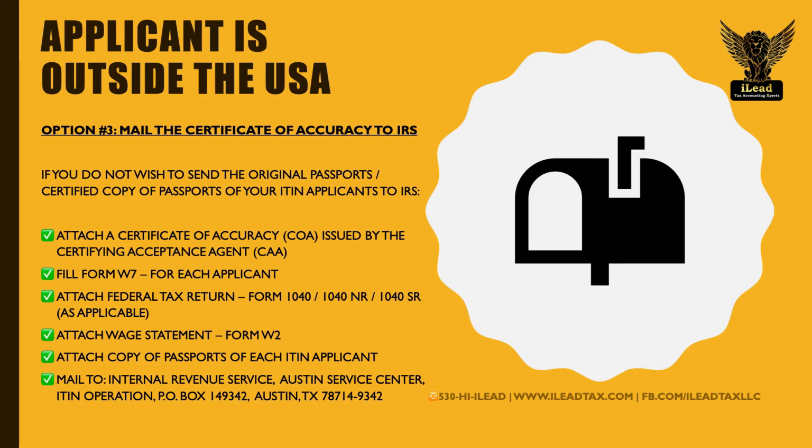That certificate is called certificate of accuracy, and only a certifying acceptance agent issues it. And attach the Form W7 to it, attach the federal tax return, wage statement, and then the copy of passport of each ITIN applicant, and then mail it to the IRS.